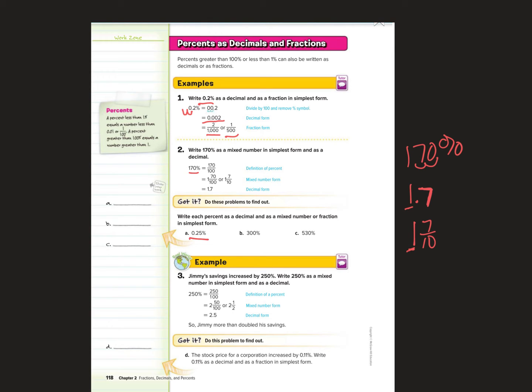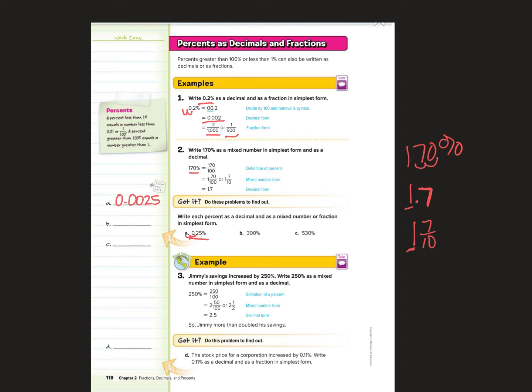Let's go here. Write this as a decimal and a mixed number or fraction. So 0.25%, if I'm going to write that in fraction and decimal form, let's do decimal form first. 1, 2. So it would be 0.0025.